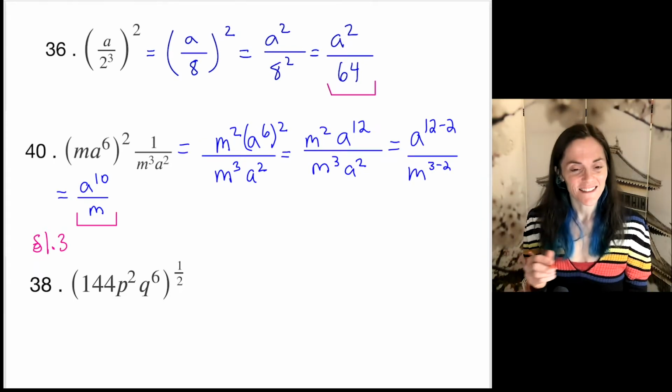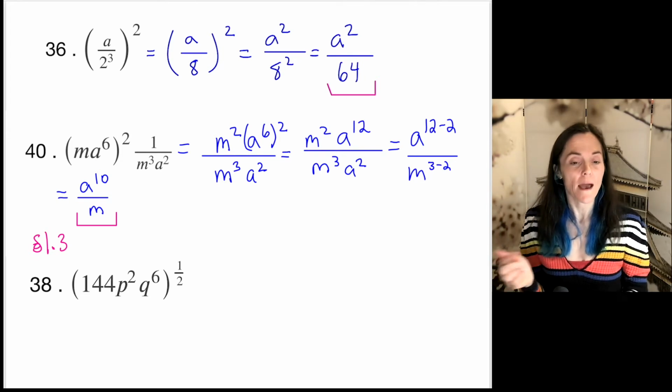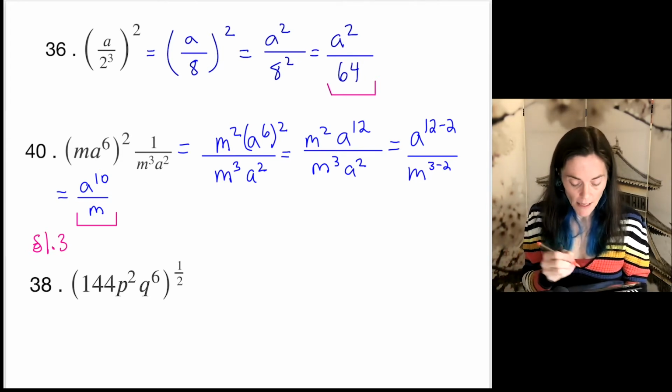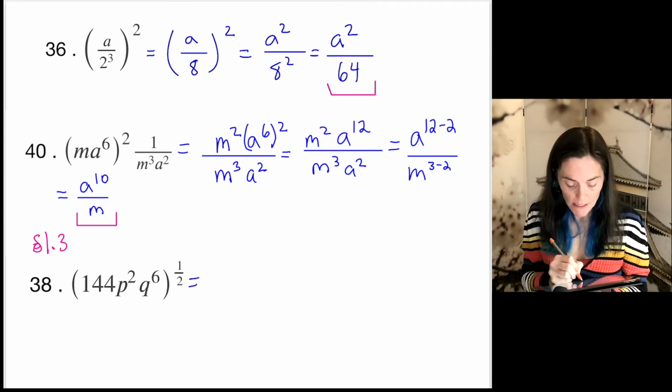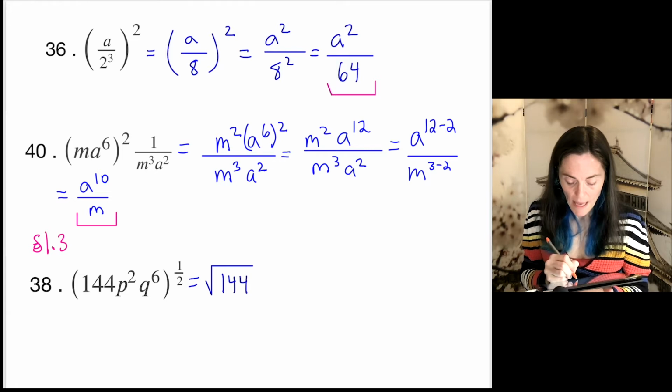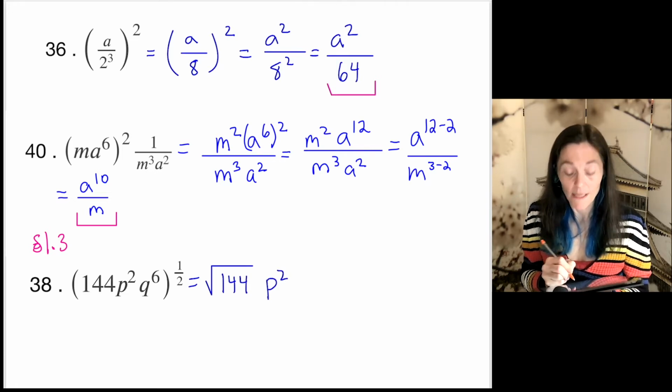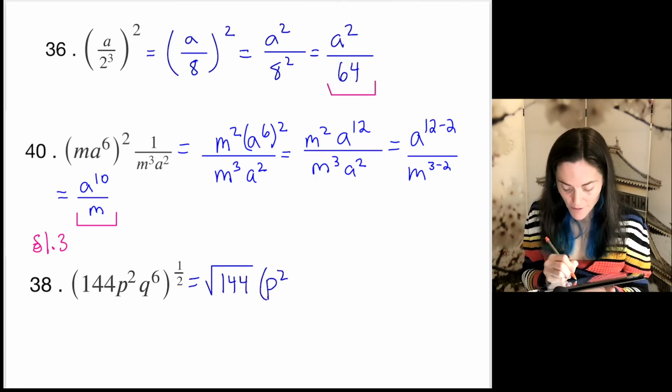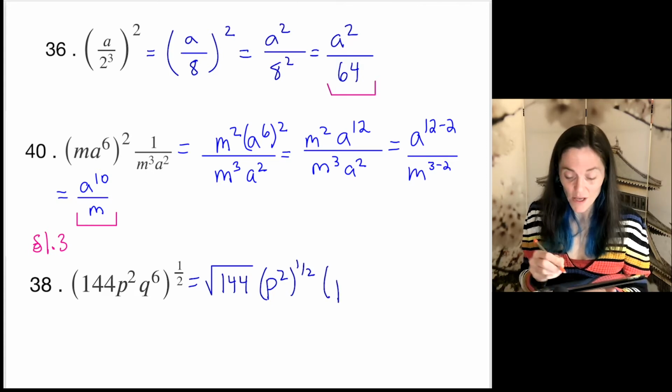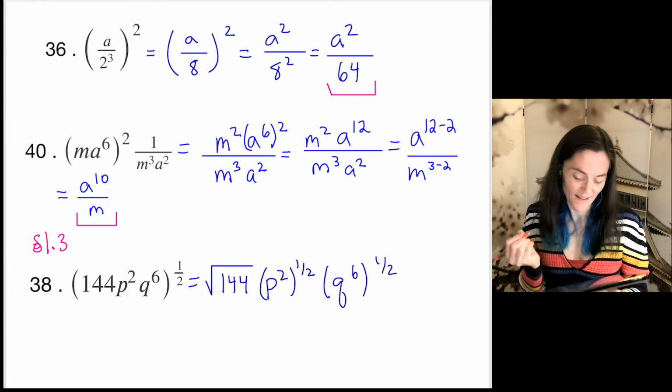38. Here I have a 1/2 power, so I need to distribute that across these parentheses. Maybe I'll write this as a square root. The first one, this would be square root 144. And then these I will leave as a 1/2 power in my first step. We have p squared to the 1/2. We have q to the 6 to the 1/2.